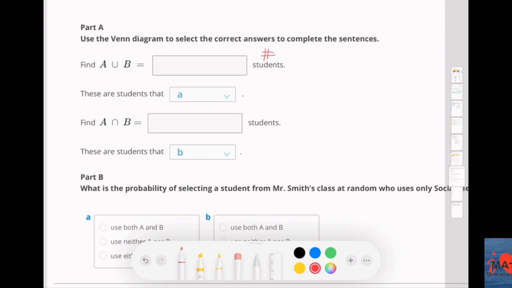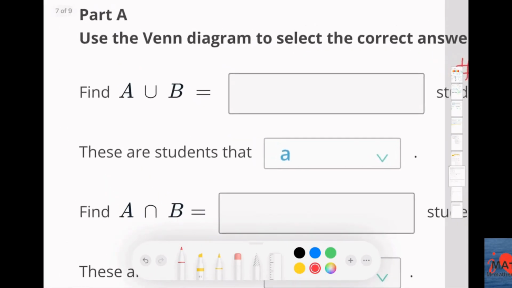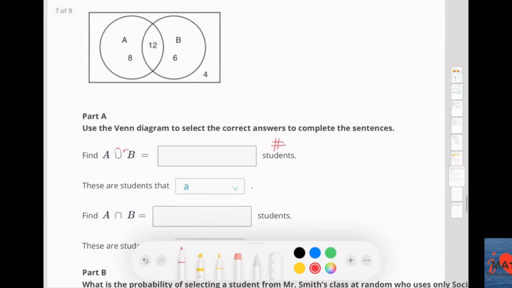Okay, so if you just have A, remember this one, union, or A or B. So A has how many? A has 20. So probability of A is 20.